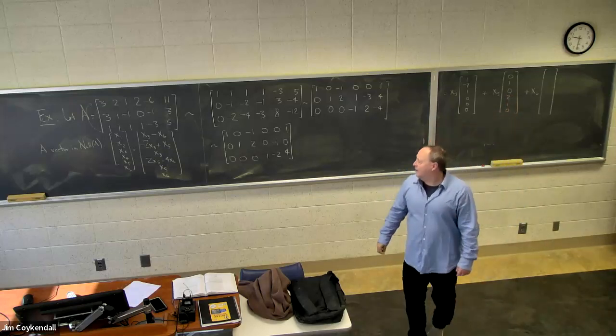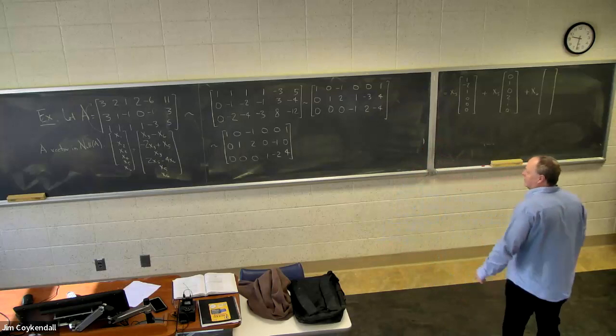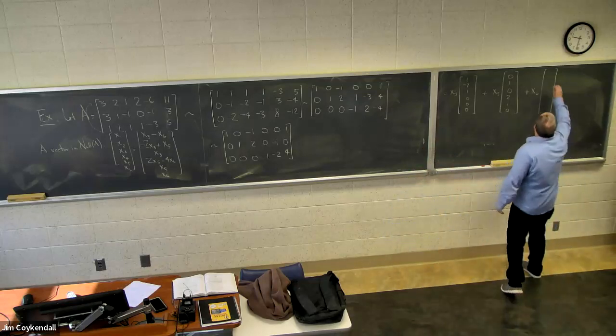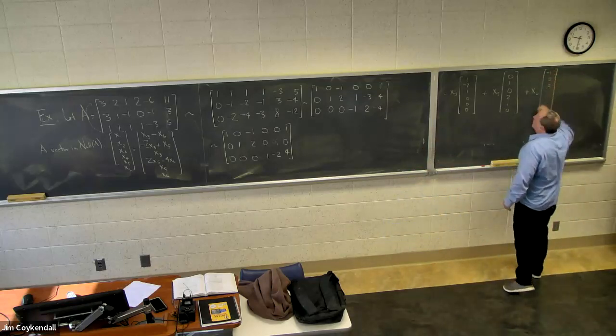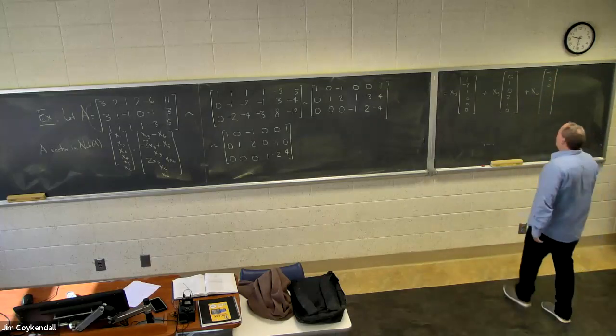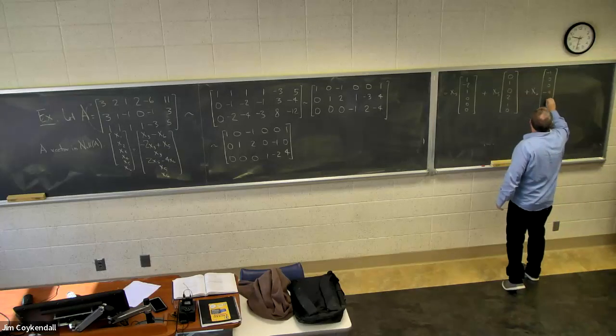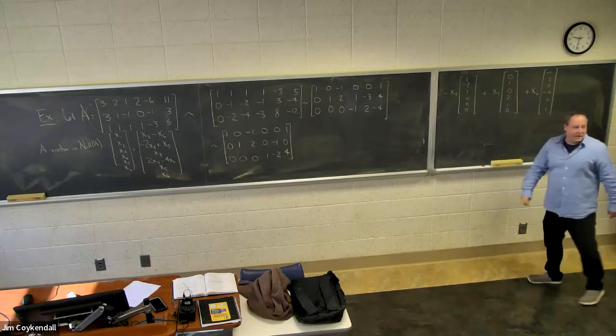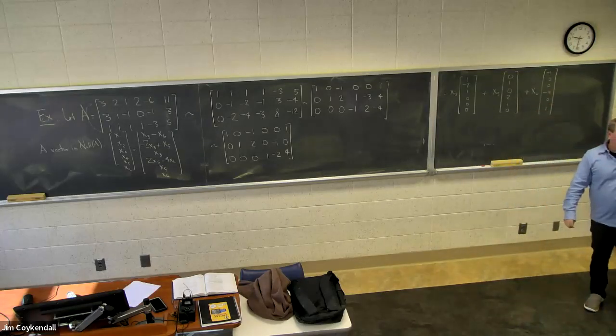Finally, what's your vector for x6? -1, 0, 0, and then what? -4, 0, 1.